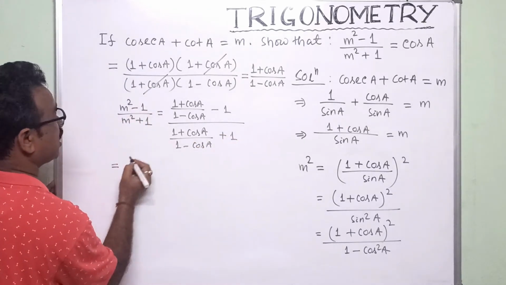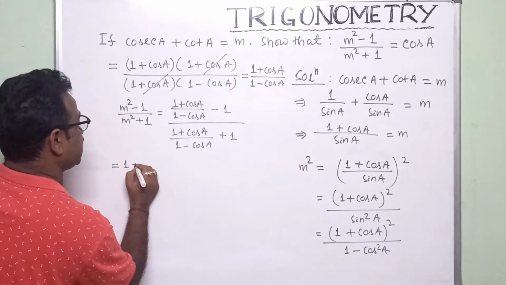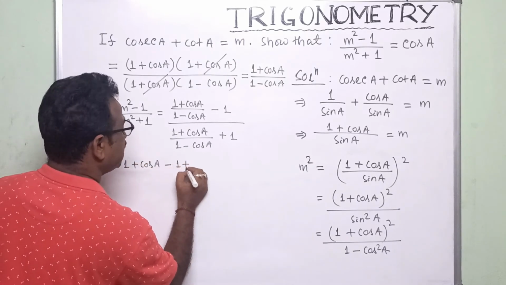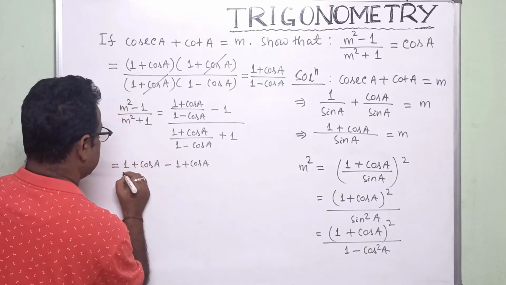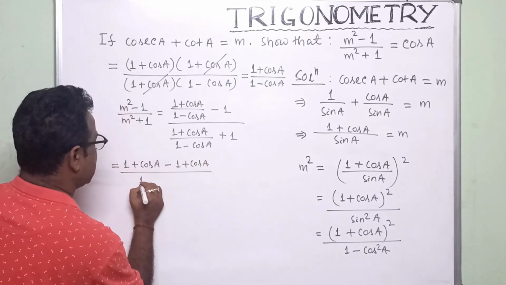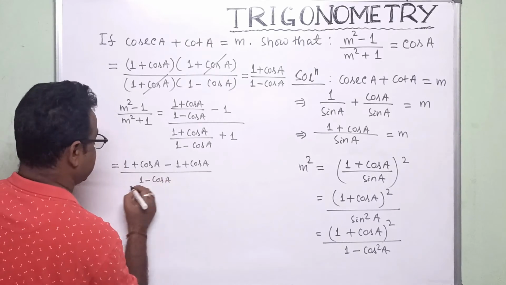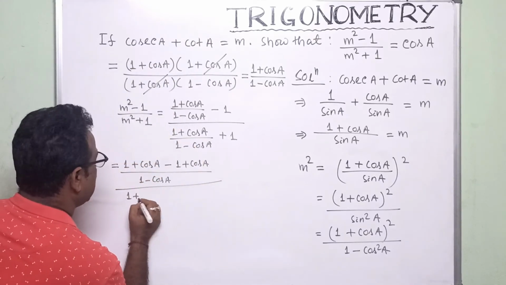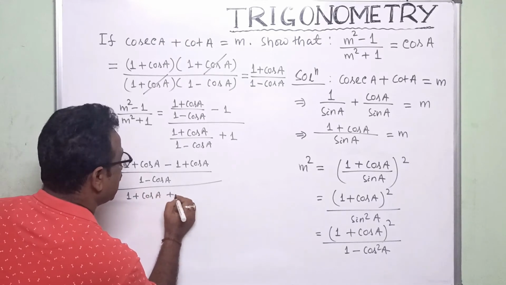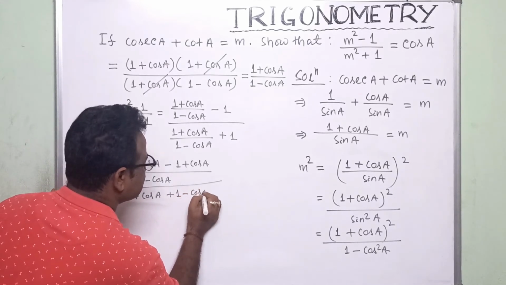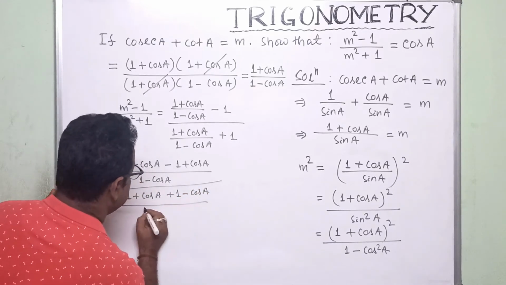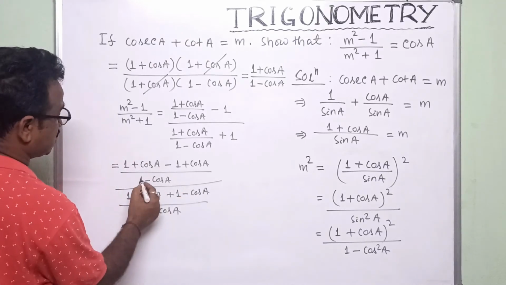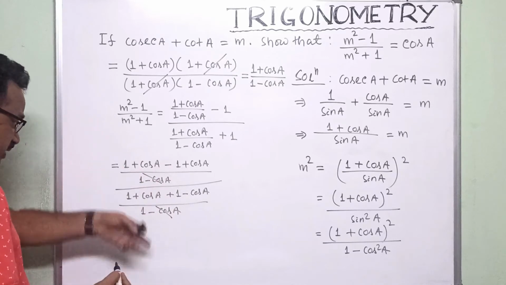That is equal to your how much? 1 plus cos A minus 1 plus cos A by 1 minus cos A whole divided by again 1 plus cos A plus 1 minus cos A by 1 minus cos A. So here 1 minus cos A, 1 minus cos A, here also we can cancel it.